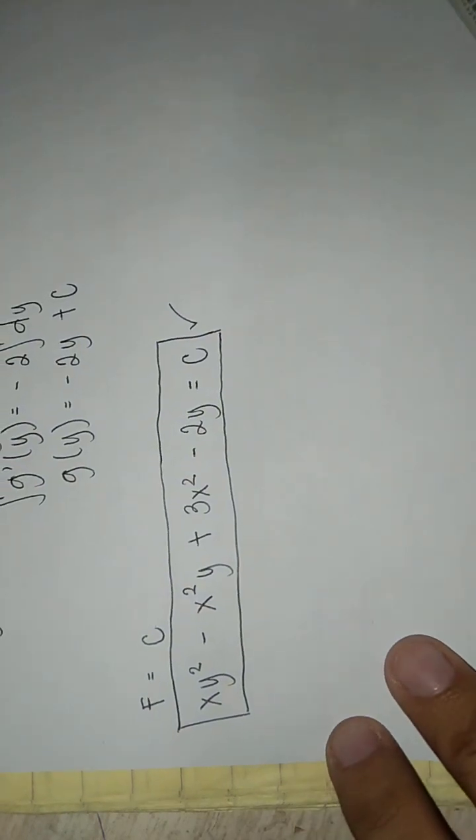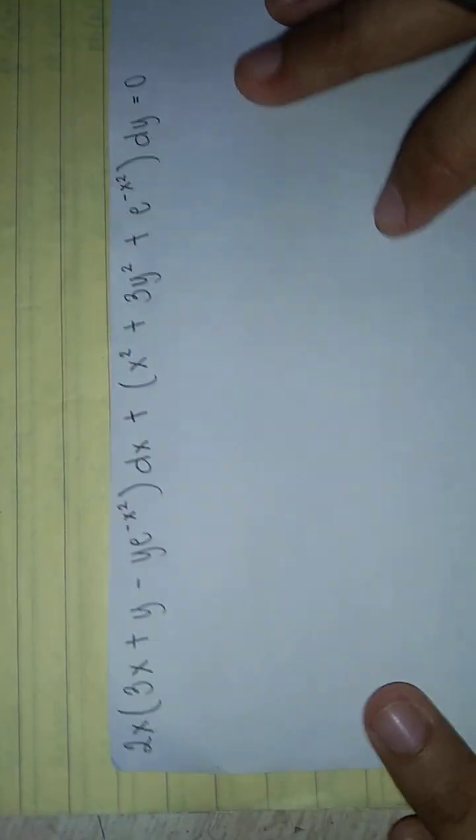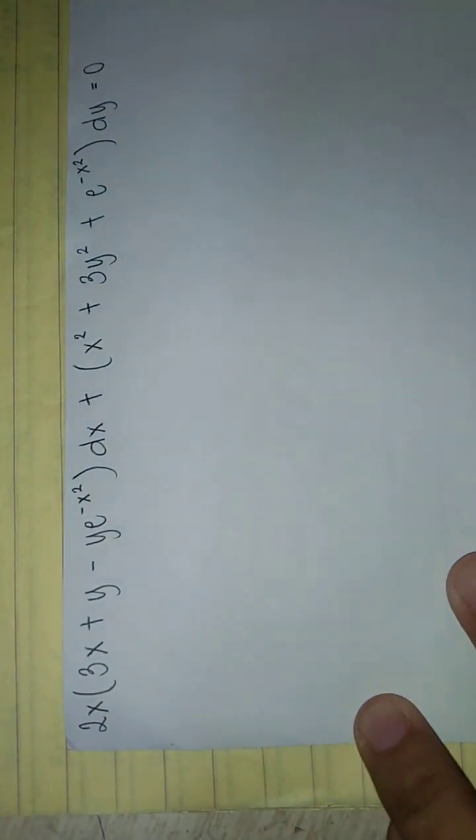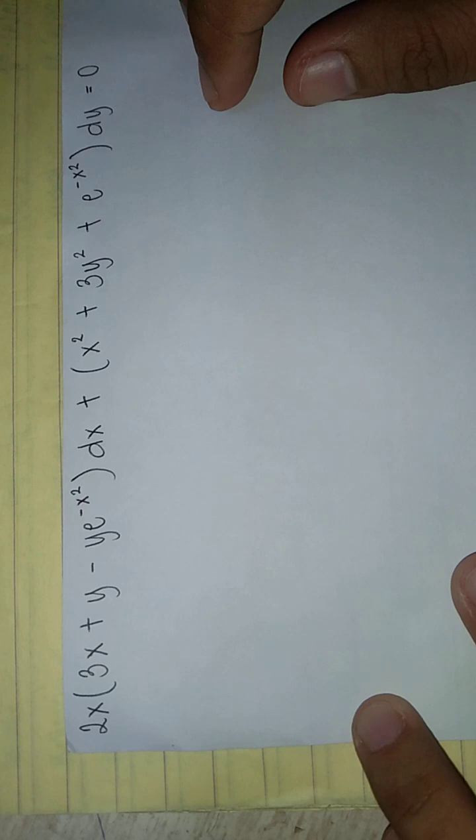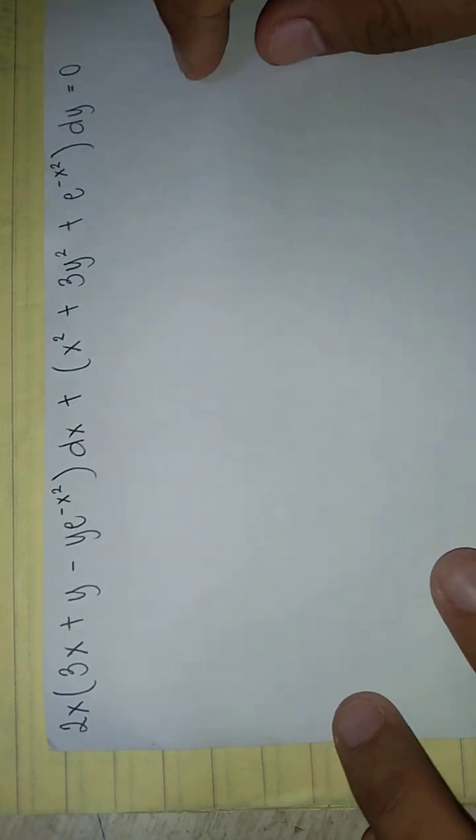Let's proceed to the next problem. Here we have problem 27, which is 2x times (3x plus y minus y e raised to negative x squared) dx plus (x squared plus 3y squared plus e raised to negative x squared) dy equals 0.